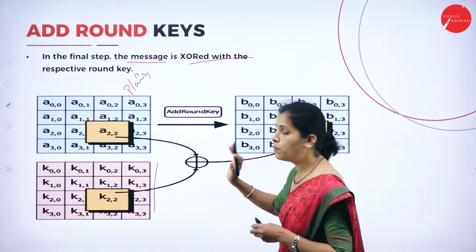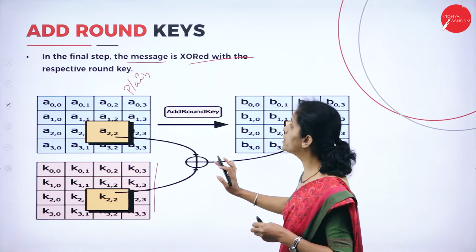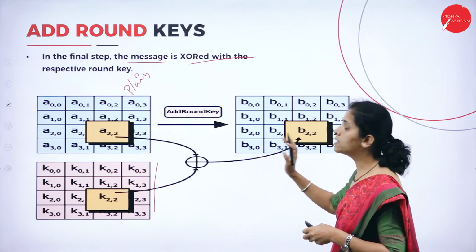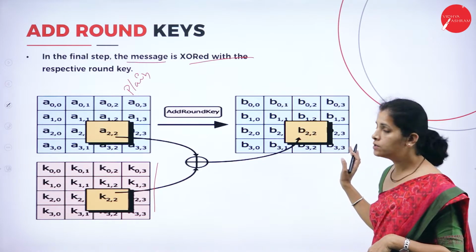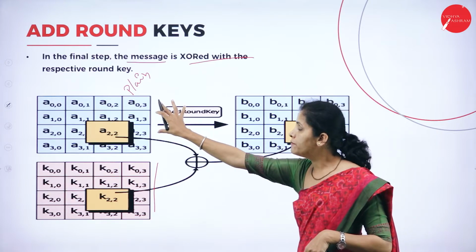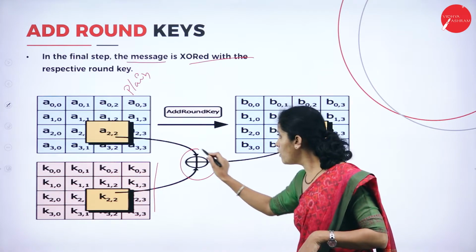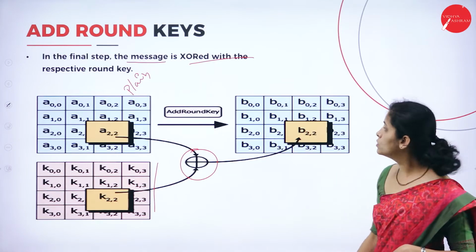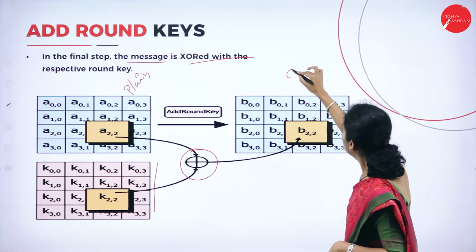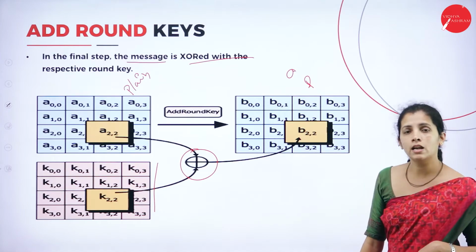Now I'm going to perform the XOR operation in order to get my round key.